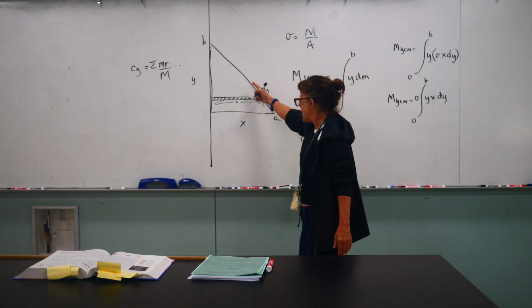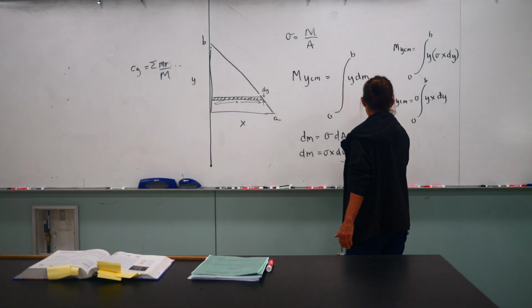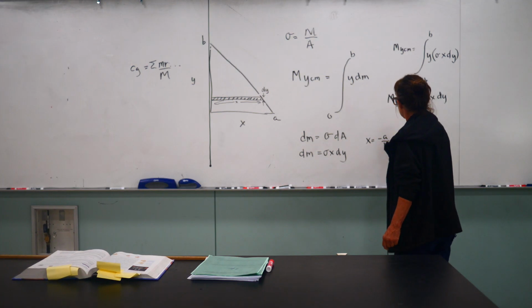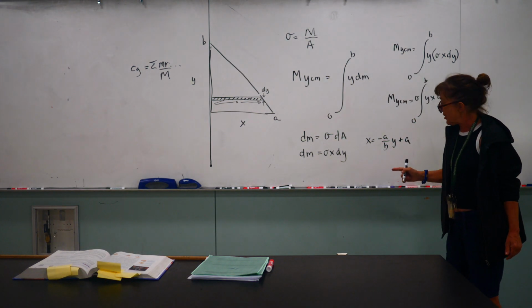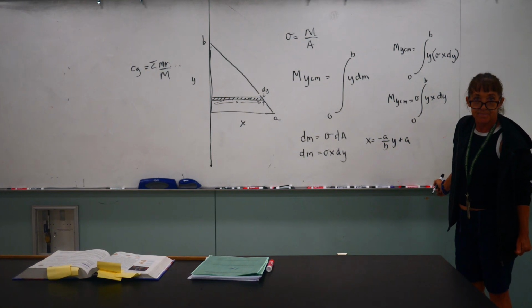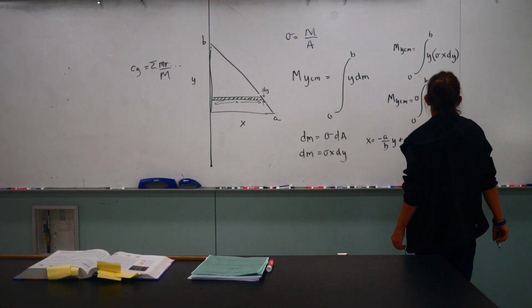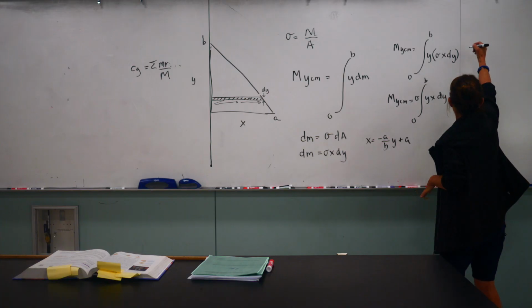From the equation of a line, x is going to equal negative a over b times y plus a. That's just mx plus b, where m is the slope. Oh boy, I think I'm killing off my page here.